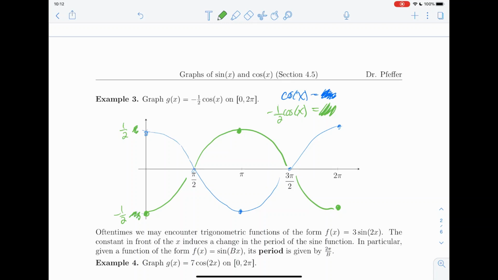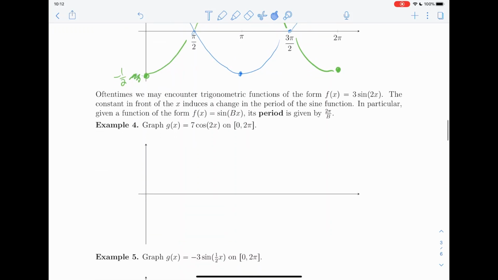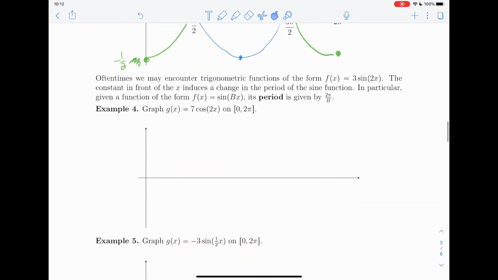So we're going to have to get more comfortable with this idea of augmenting our axes and our tick marks in order to use them to our benefit. Now, if we can do vertical stretch and compressions, we need to now address what happens horizontally. Now, the first thing we're going to encounter is what happens when we multiply the inside of the trig function by a value, in this case, say 2.